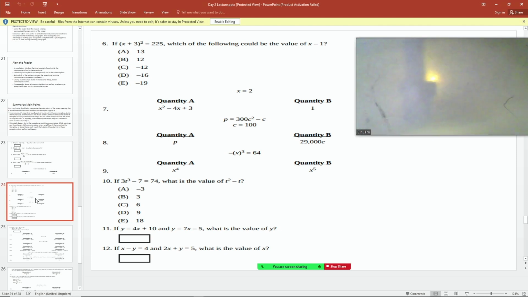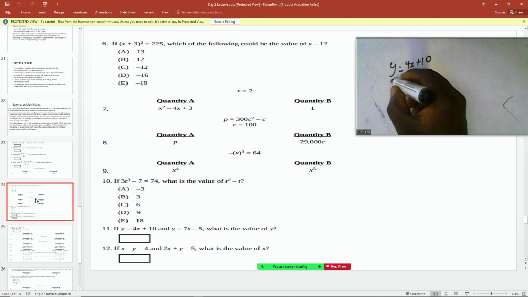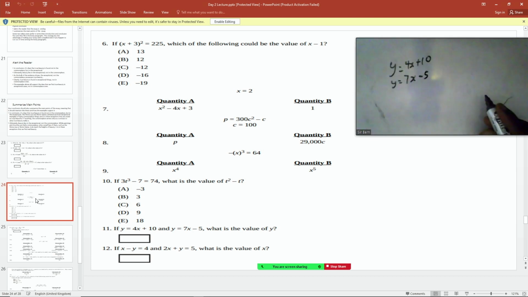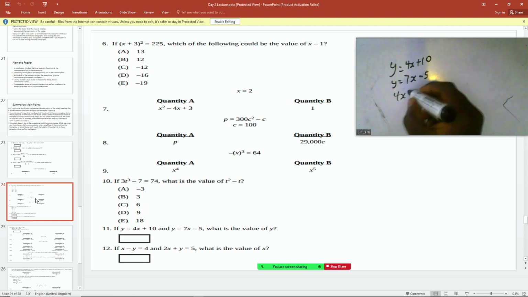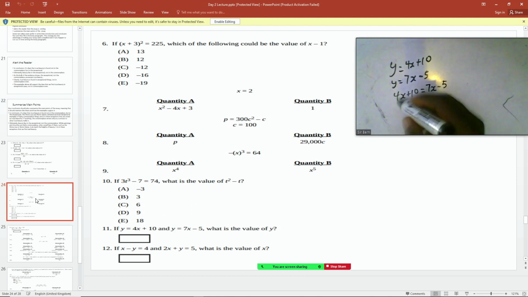Question 11. y is equal to 4x plus 10, and another y is equal to 7x minus 5. So we can equate the y's. In this case, we have 4x plus 10 is equal to 7x minus 5. Solving for x, sending x to the side, bringing this to the side, we'll have 10 plus 5 is equal to 7x minus 4x.